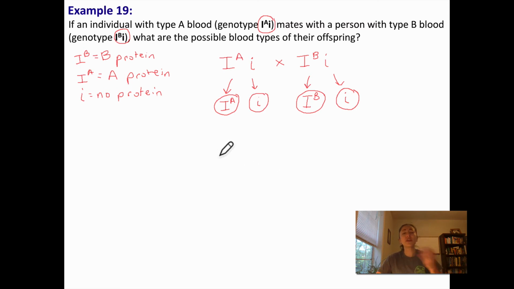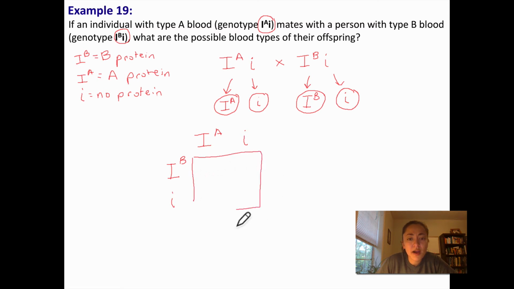So now we want to know the possible fertilization events that could happen if these two parents mated. We take the gametes from the one individual and put them along the top, and take the gametes from the other individual and put them along the left side here. Then we draw our box.